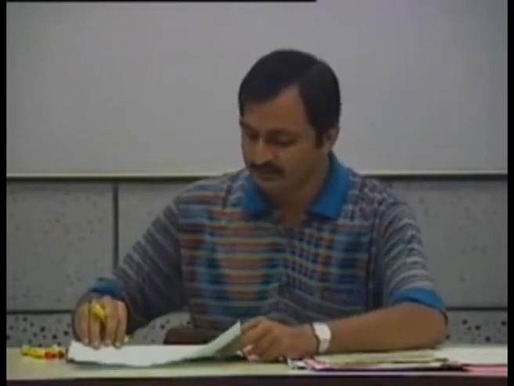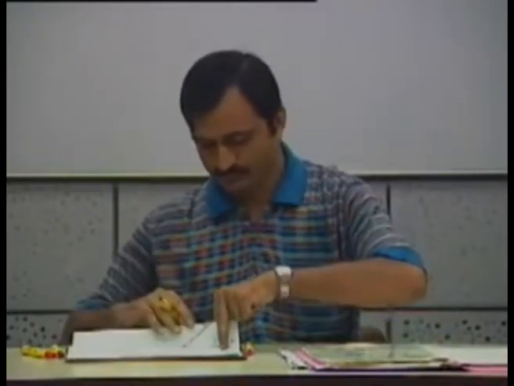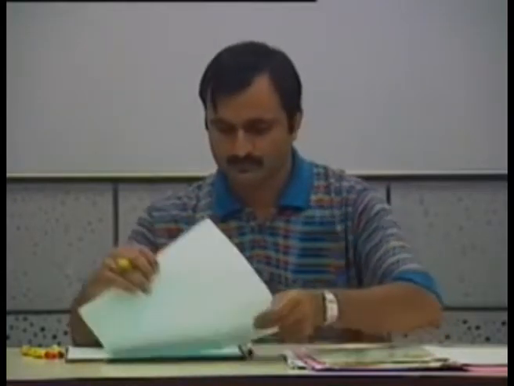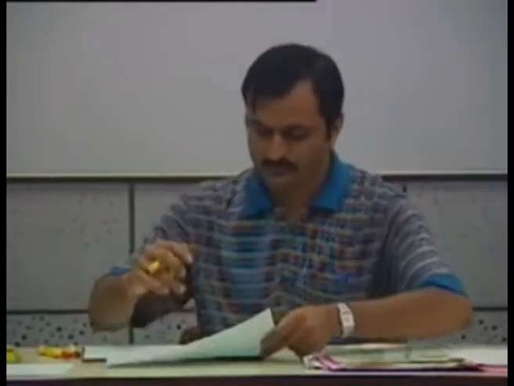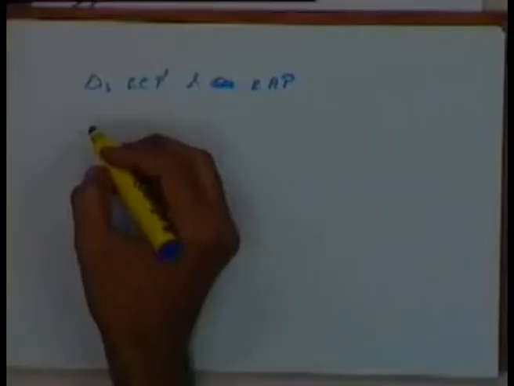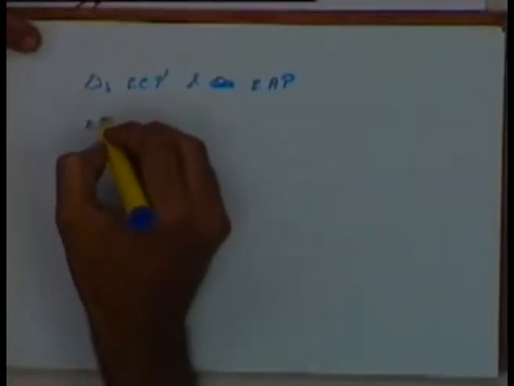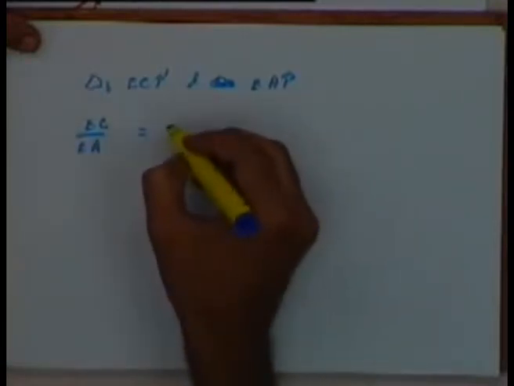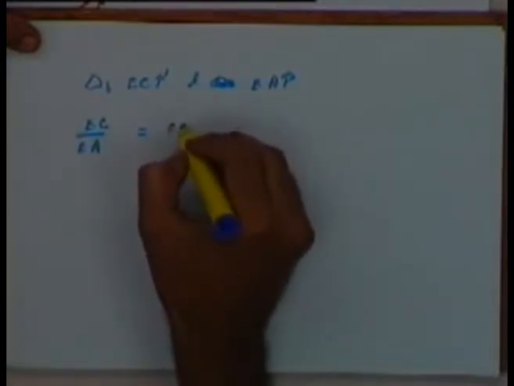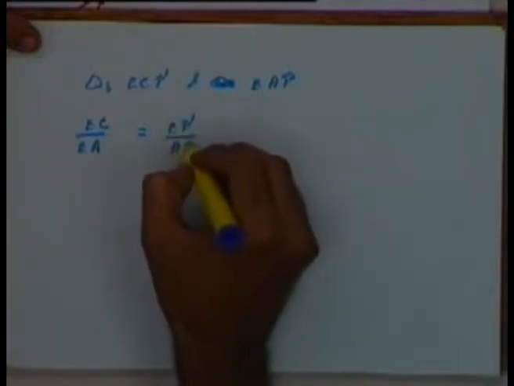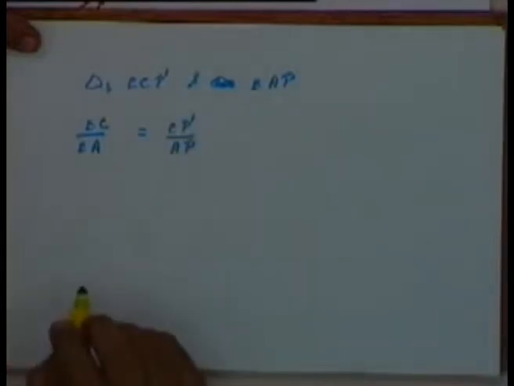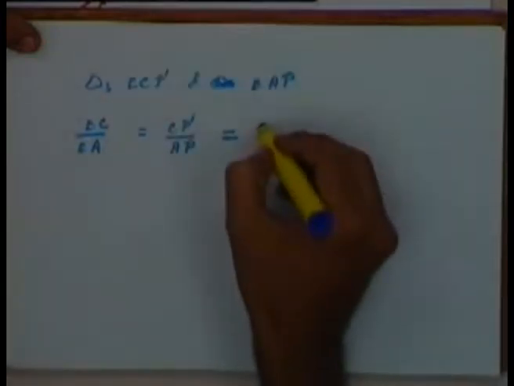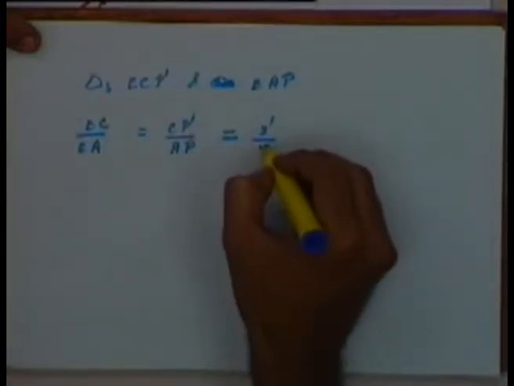From these two triangles, we can say EC divided by EA would be equal to CP prime divided by AP, which would be equal to, CP prime is y prime, AP is y.